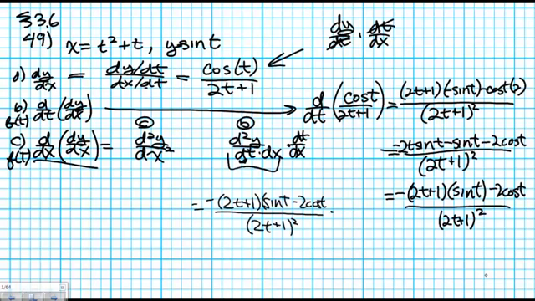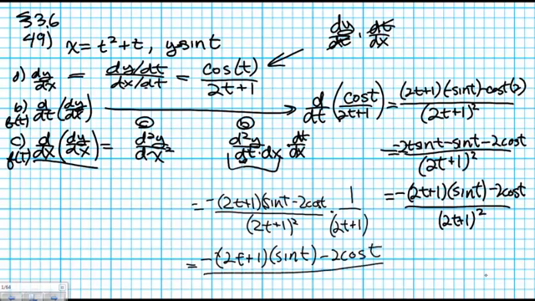The reciprocal of that is 1 over 2t plus 1. Giving us a final answer of negative (2t plus 1) sine of t minus 2 cosine t, all over (2t plus 1) cubed. And that's the final answer. Oh, that's so much easier.